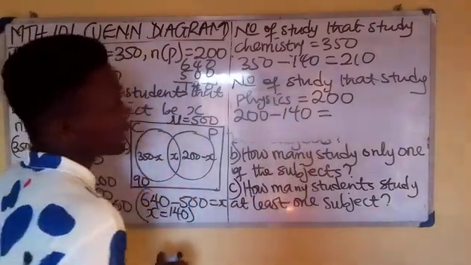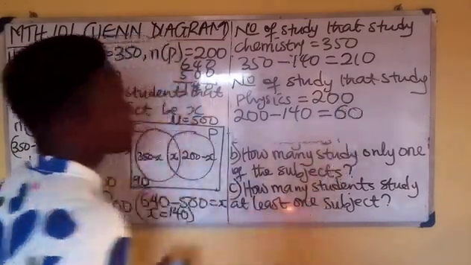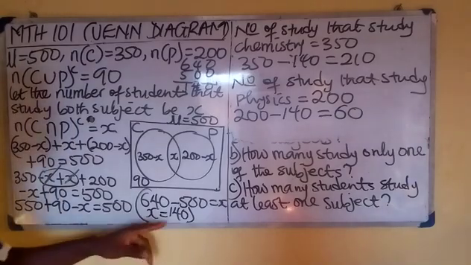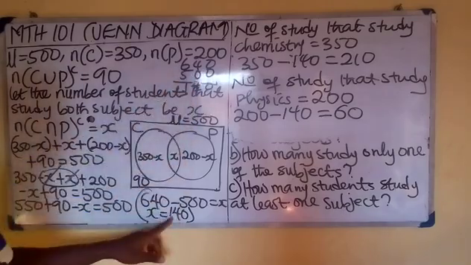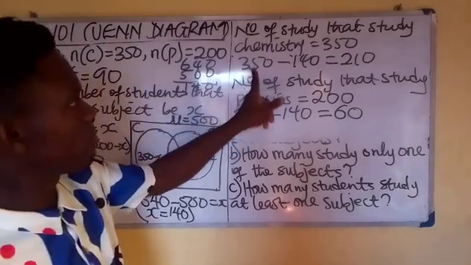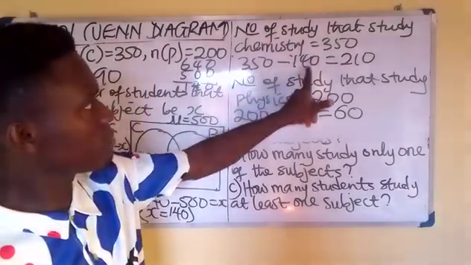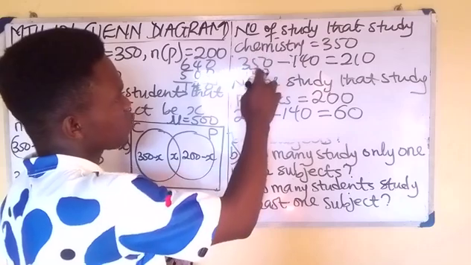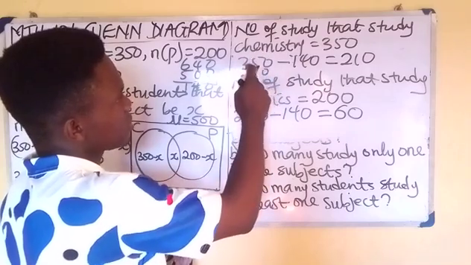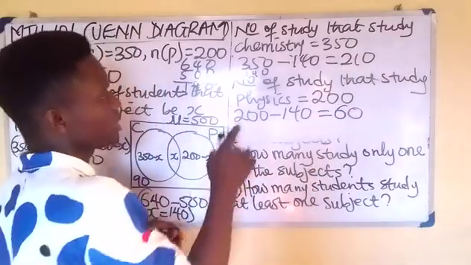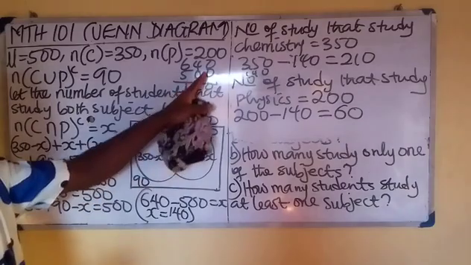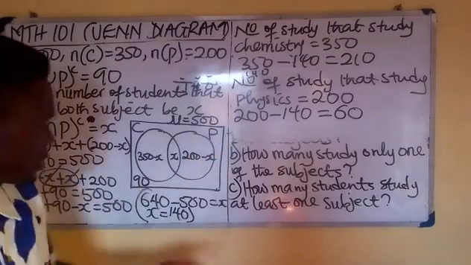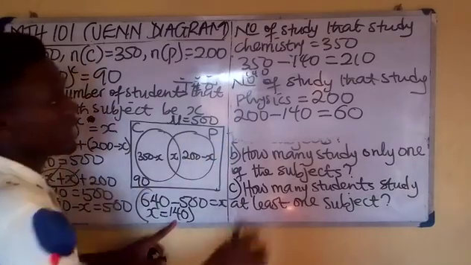That will give me 60. So let us go through it again. I'm having this minus this. I have 140. So 350 minus 140, I have 210. 0, this minus this is 1, and this minus this is 2. So 210. So then, number of students that studied only physics is 200. So 200 minus this same 140, I have 60.